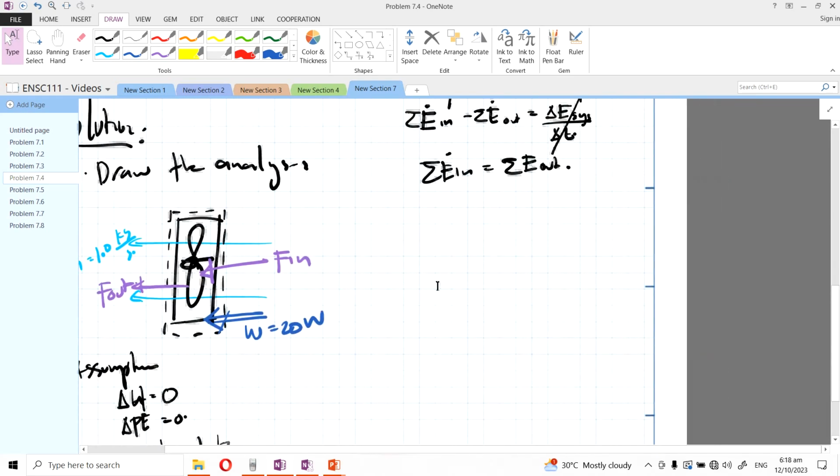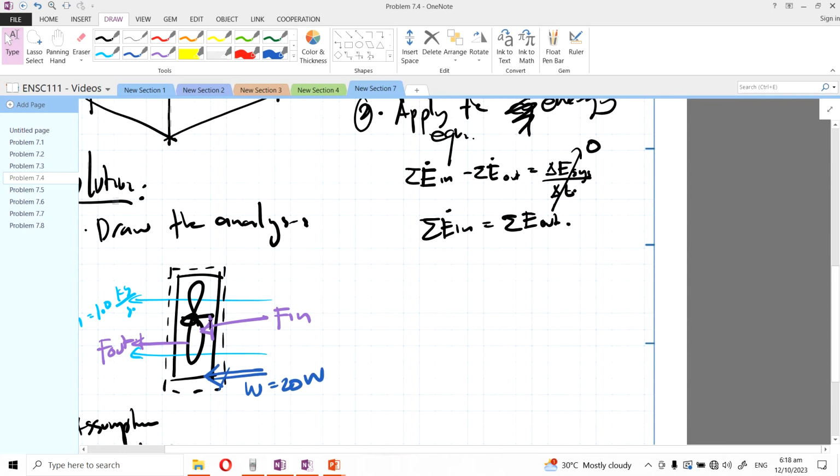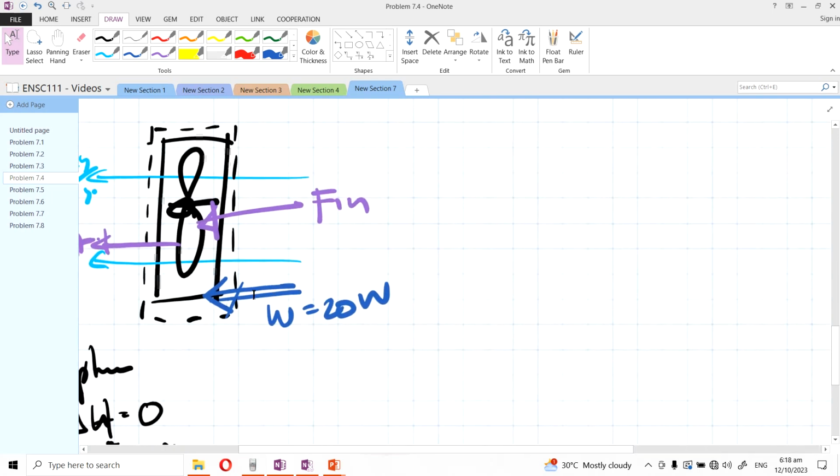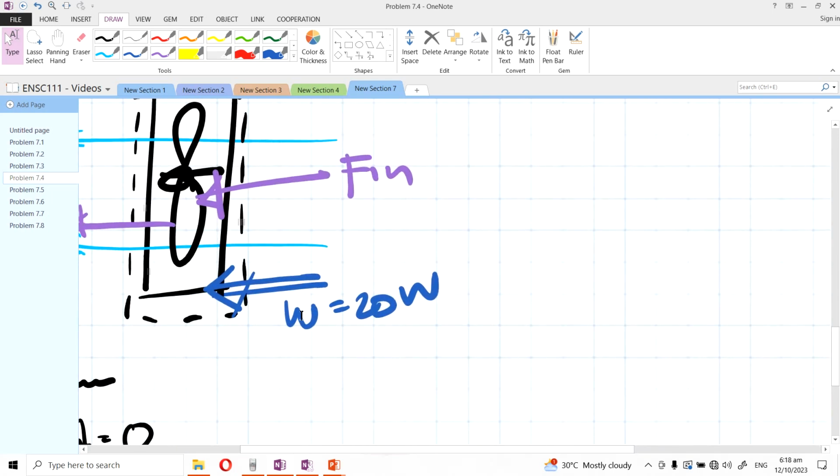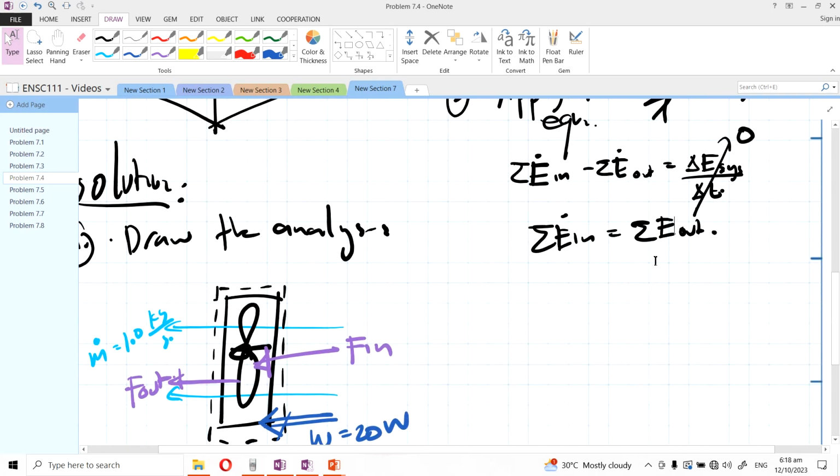For this case, what are the interactions going in? It's the electrical work, plus the flow energy via mass transfer. So work plus F in is equal to F out.